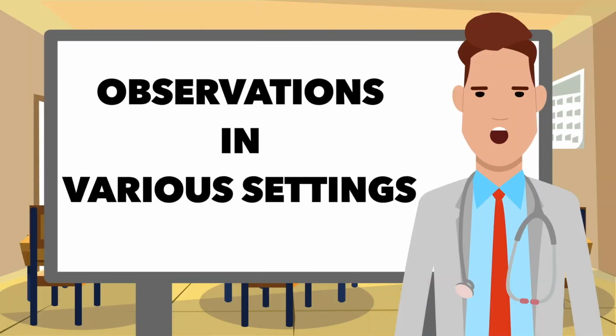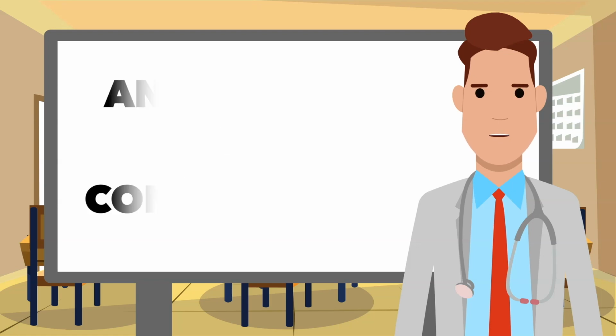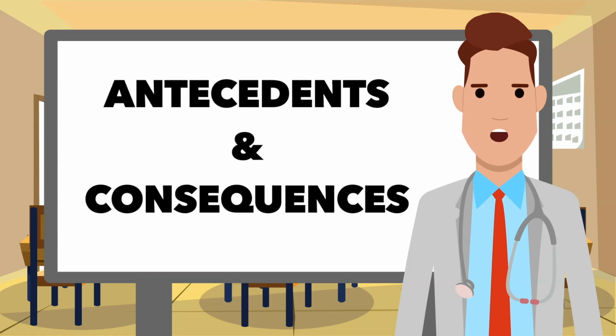Additionally, observations of the individual in various settings can give important clues about what may be motivating the behavior. Things such as antecedents, the thing happening before the behavior occurs, and consequences, how the behavior is handled after the behavior occurs, are also analyzed.